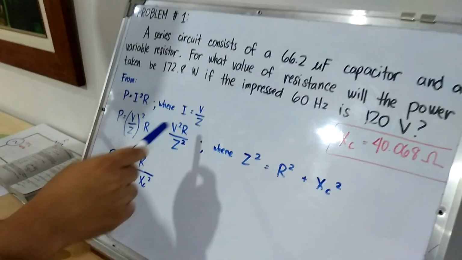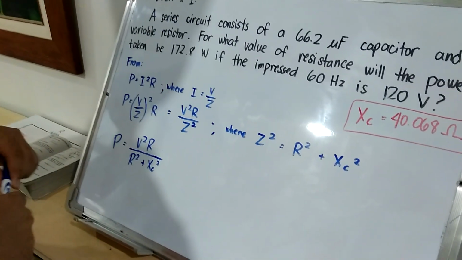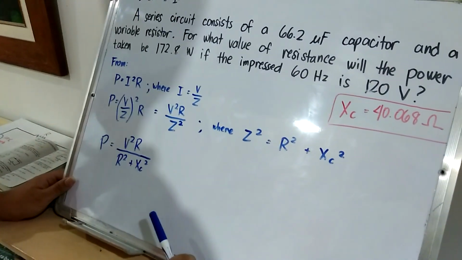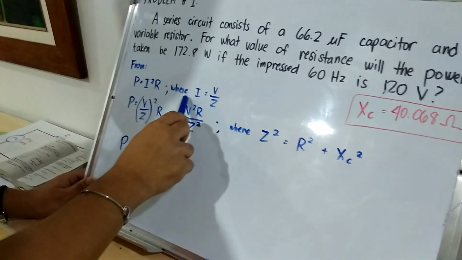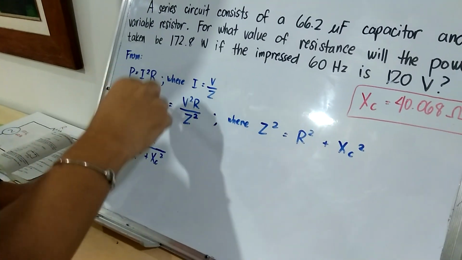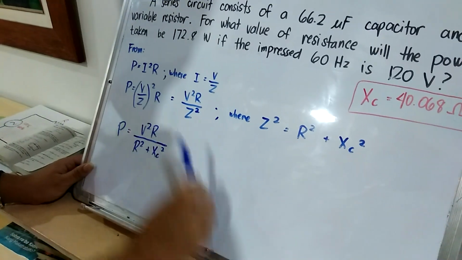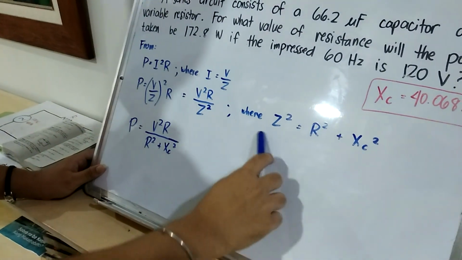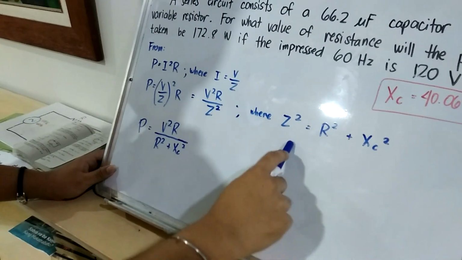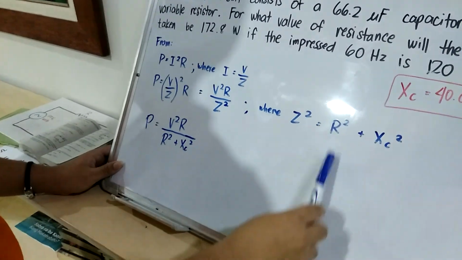However, we need to substitute a few formulas in order to get the final equation. First, the equation P is equal to I squared R. We need to substitute the value of I equals V over Z. So I squared R is now equal to V over Z squared times R. Then we substitute Z squared, which is equal to R squared plus X sub C squared.